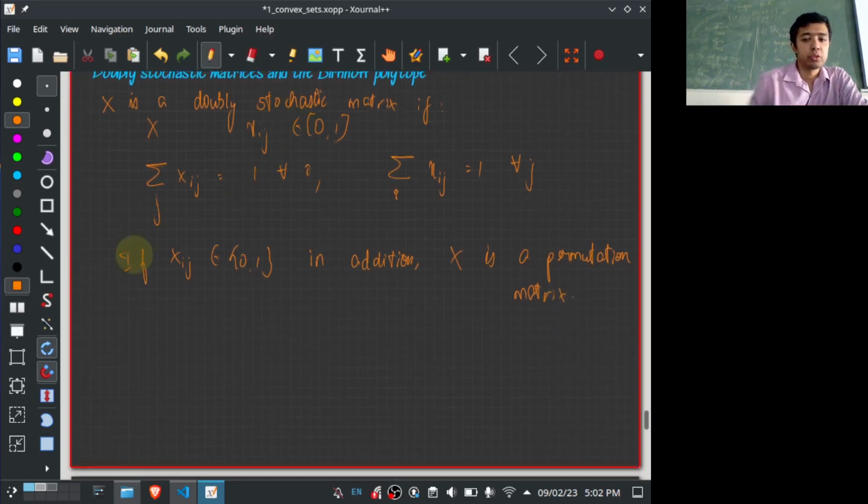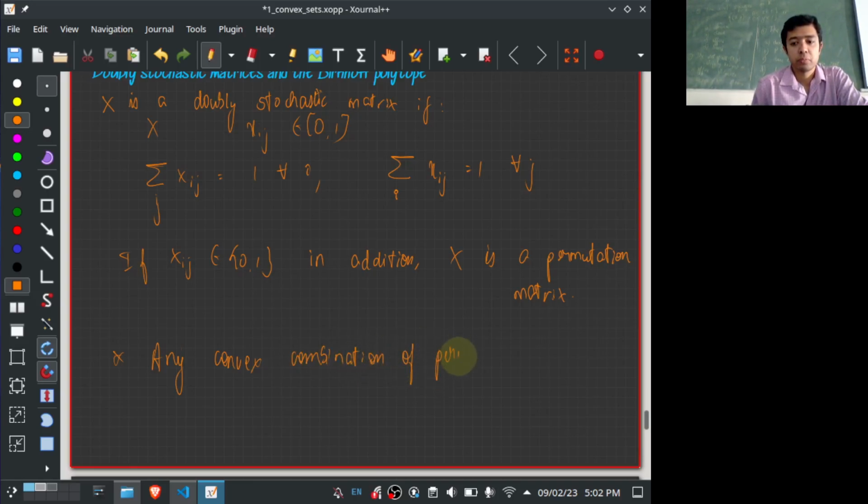So any convex combination of permutation matrices is doubly stochastic.